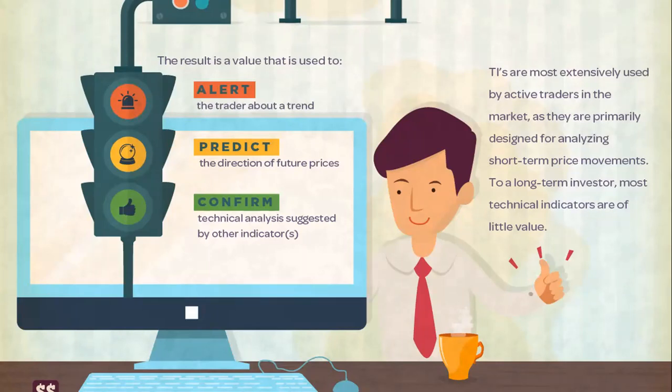Sometimes you have two or three indicators on your chart. So one will confirm the other. That's how it is. So let me read from the right. Technical indicators are most extensively used by active traders in the market, as they are primarily designed for analyzing short-term price movement. To a long-term investor, most technical indicators are of little value. You don't need all indicators to be a trader.